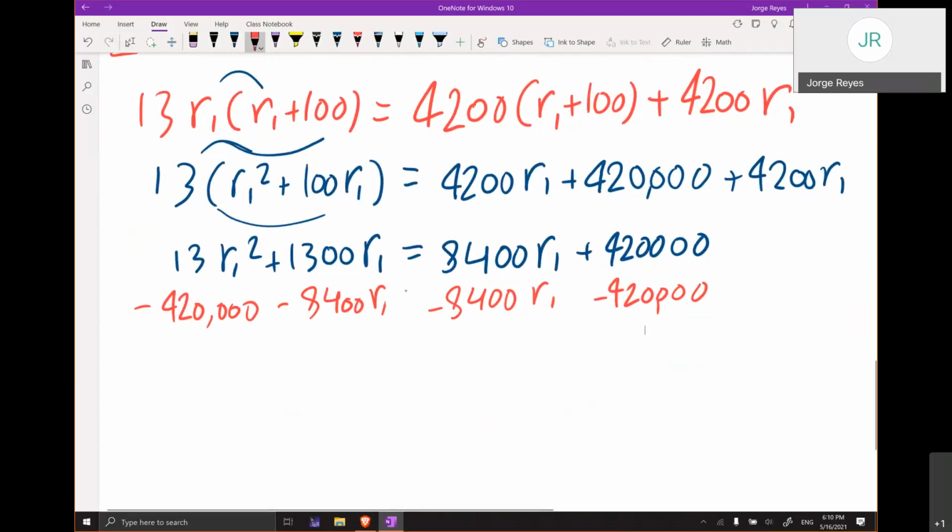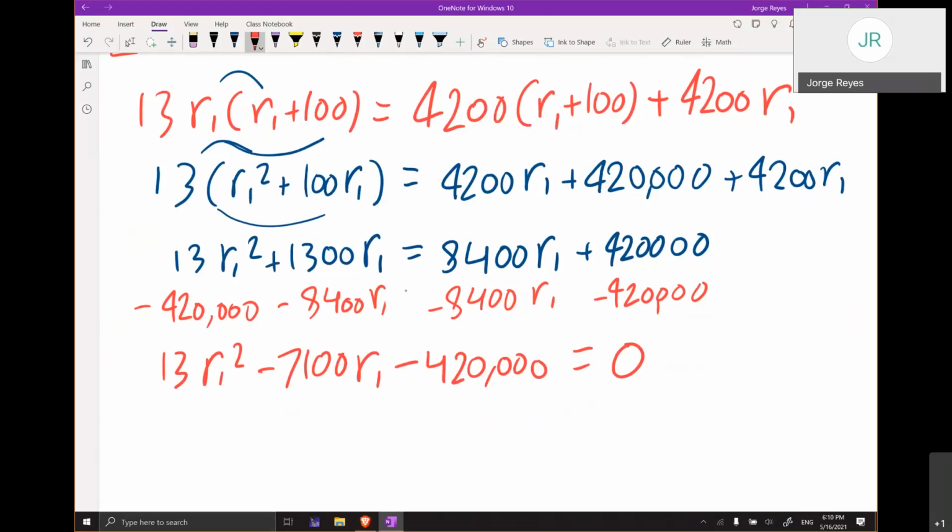And we arrive here: 13 R1 squared minus 7,100 R1 minus 4,200,000 equals 0.